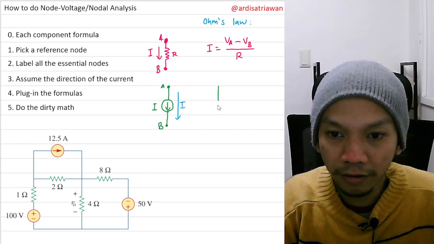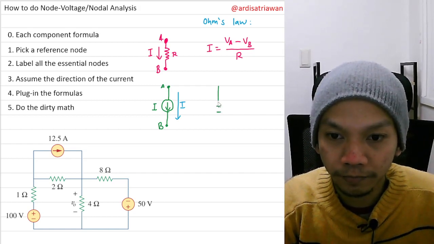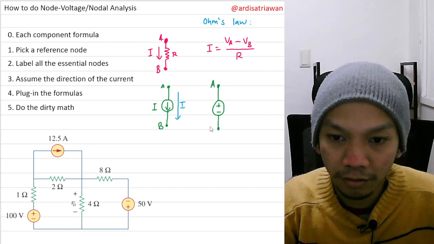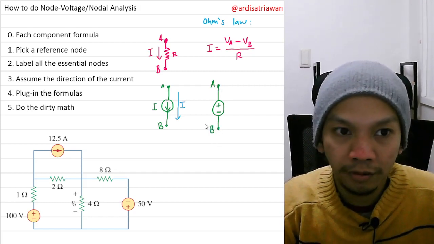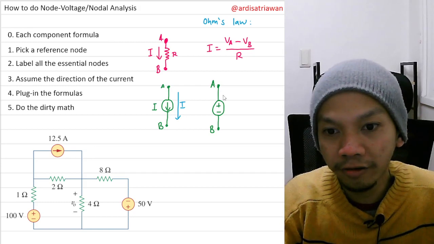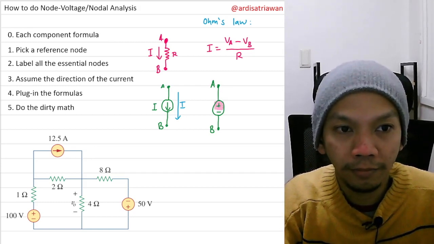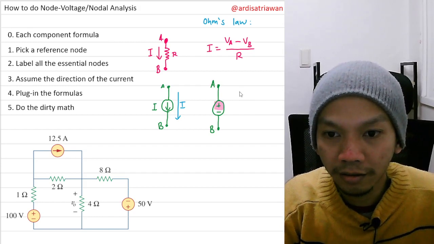So if we have a voltage source, and let's say that this one is A and this one is B, put extra caution on the sign here. So the positive one will be the top one.